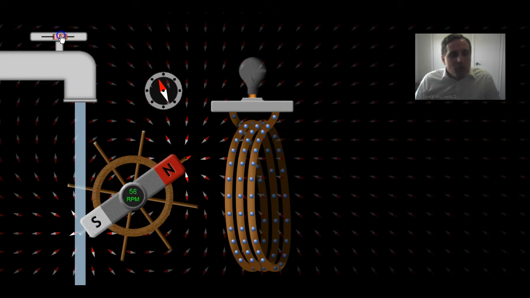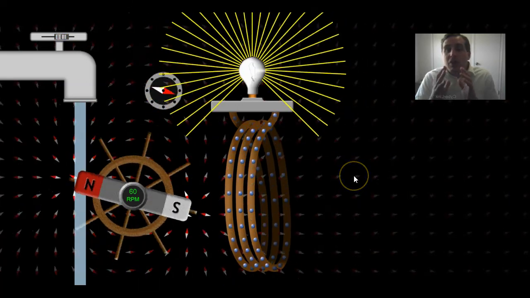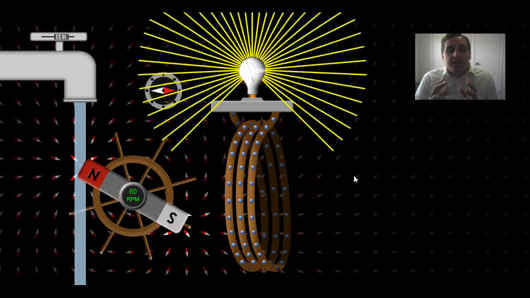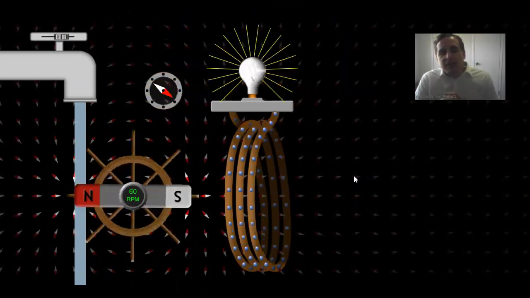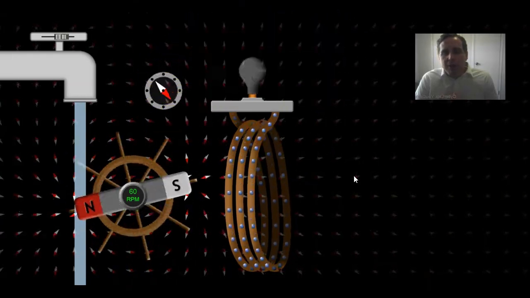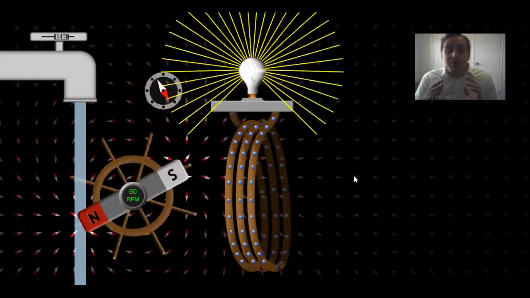Well, that would just be 1 hertz, because 1 hertz would be 1 time per second. Remember, in the United States, this is occurring at 60 times 60, so 3,600 RPMs, or 60 times per second. So the light bulb is blinking so fast you barely ever really see it.